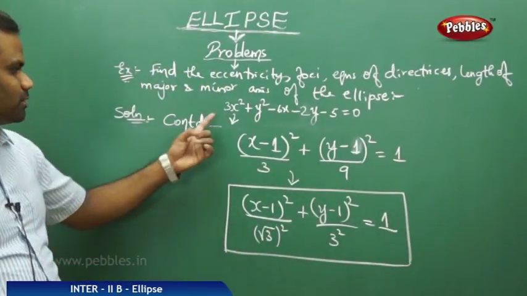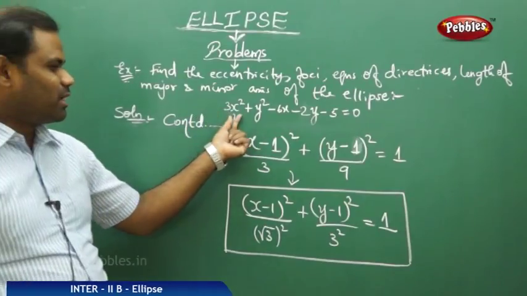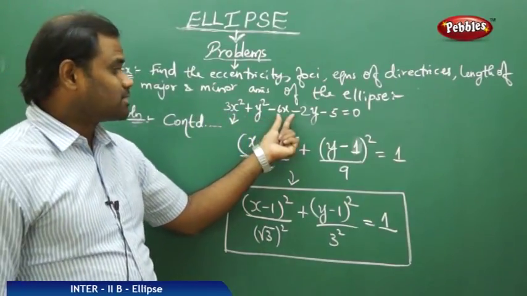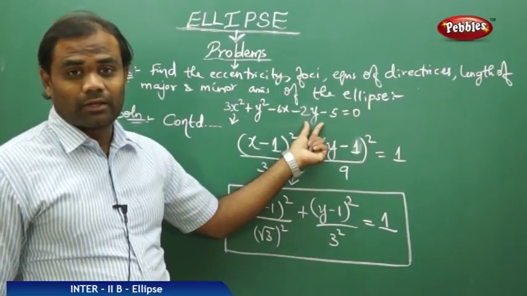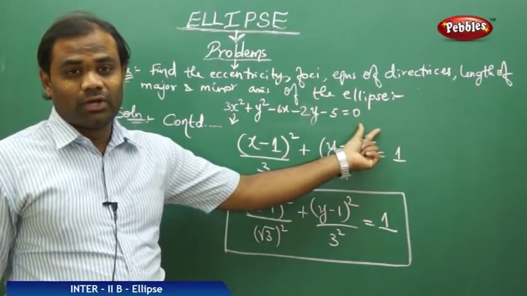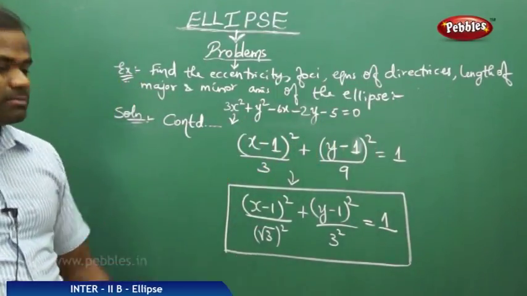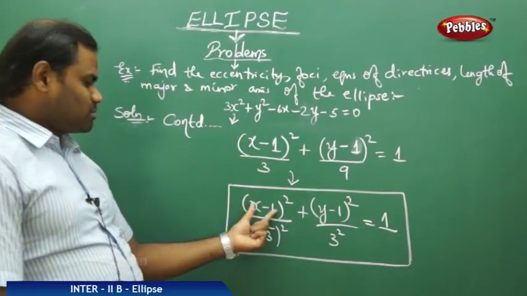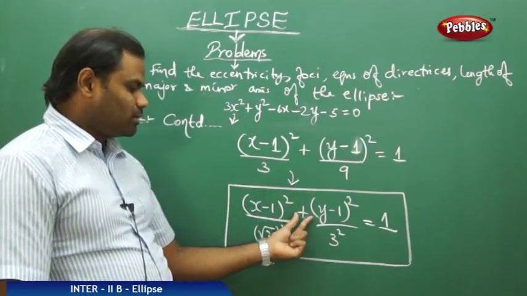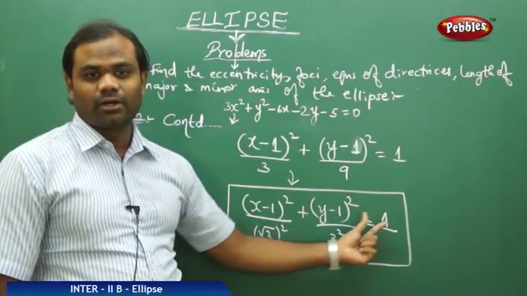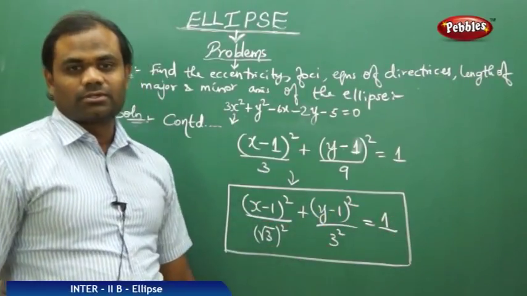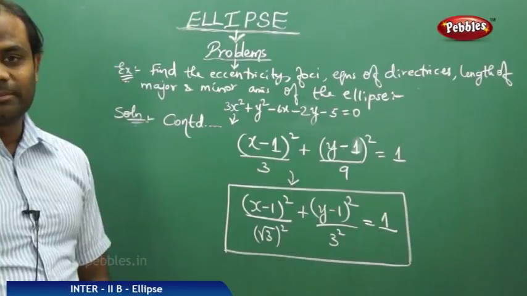The equation given as 3x square plus y square minus 6x minus 2y minus 5 equal to 0 is simplified to the form (x minus 1) whole square by root 3 square plus (y minus 1) whole square by 3 square equal to 1, which is the standard form representation.